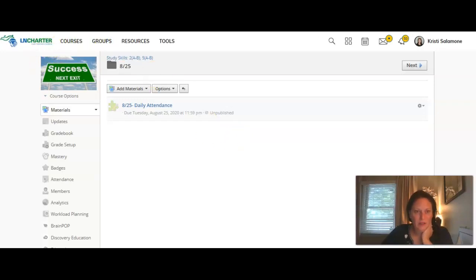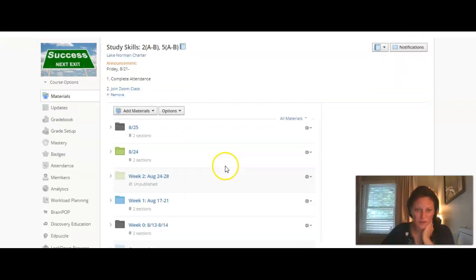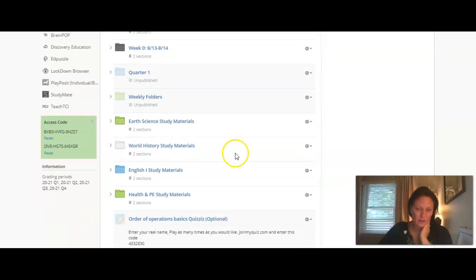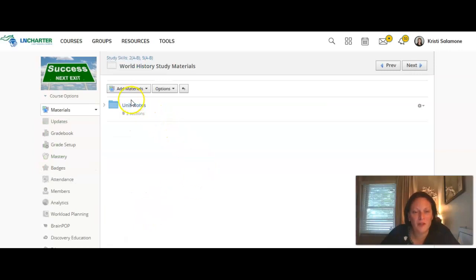So first thing I wanted to do is show you where some copies of notes and some study materials will be located. So the world history material, there's a folder here. It says world history study materials. If you click on that, it takes you to this folder. I'll be adding different things as we learn.